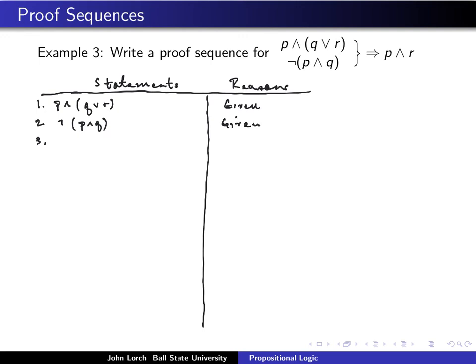So the very first thing that I did here was to apply De Morgan's law. So not P or not Q. So that's De Morgan in 2.